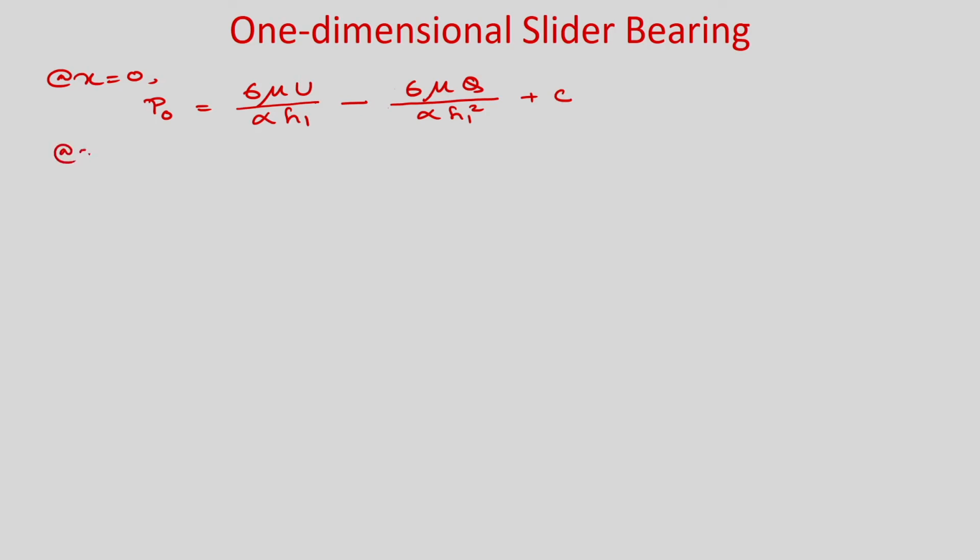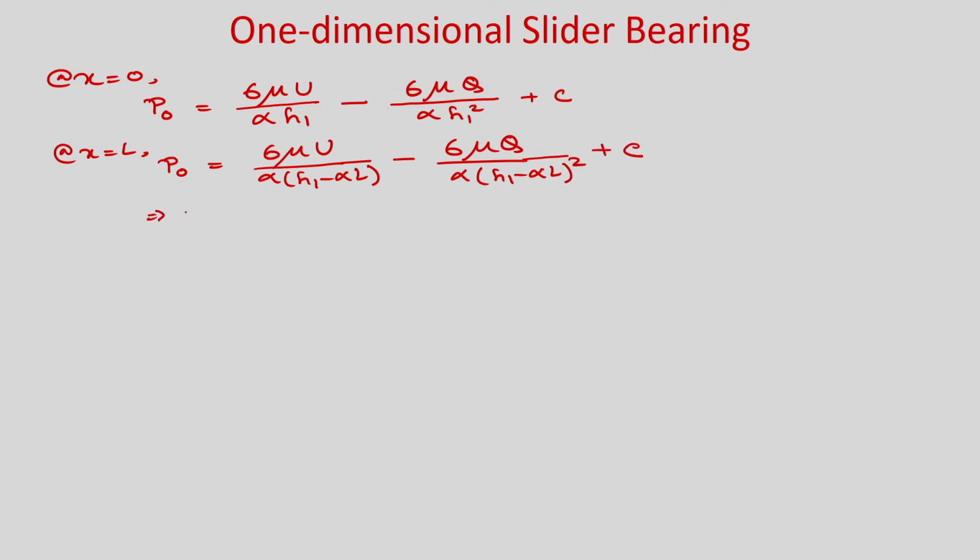And if you put x equal to L, then you will get P is equal to P naught, and you will get 6 mu u divided by alpha (h1 minus alpha L) minus 6 mu q divided by alpha (h1 minus alpha L) square plus constant c.